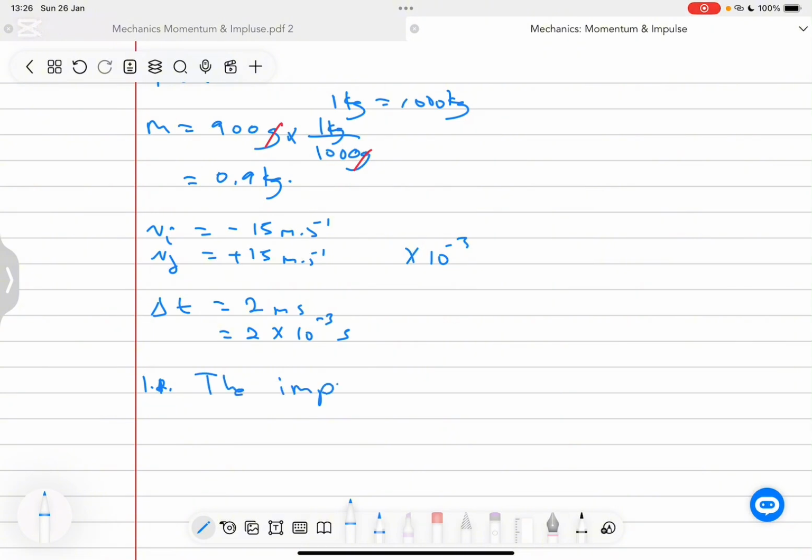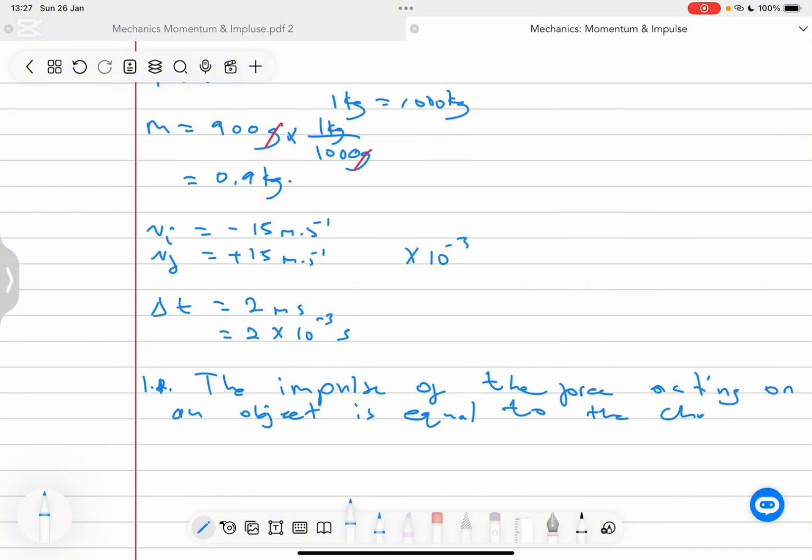The theorem says that the impulse of the force acting on an object is equal to the change in momentum.